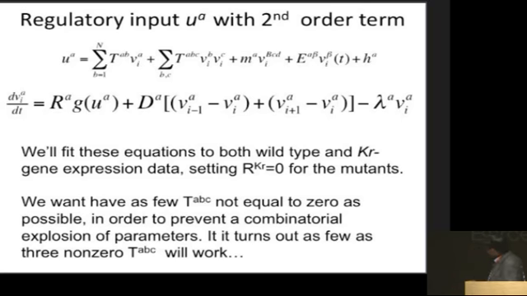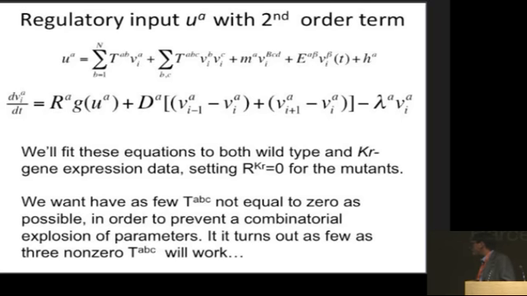But we think we can make some progress with that. However, in the short term, we want to do something much more simple, which is we want to fit these equations to both wild type and Kruppel minus. And we're going to represent the mutants by setting the maximum synthesis rate, R Kruppel, to 0 for the mutants.